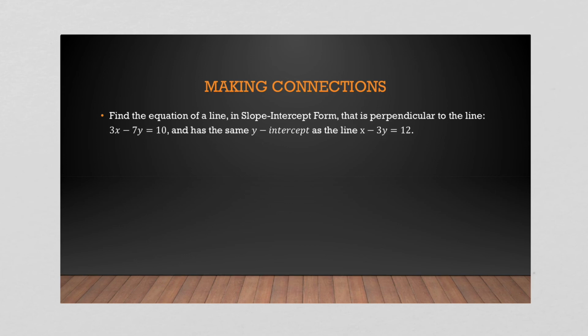Find the equation of the line in slope-intercept form. Okay, so now we need to finish in slope-intercept form. That is perpendicular. Okay, so perpendicular to this, which means let's find the slope. Minus 3x minus 3x.